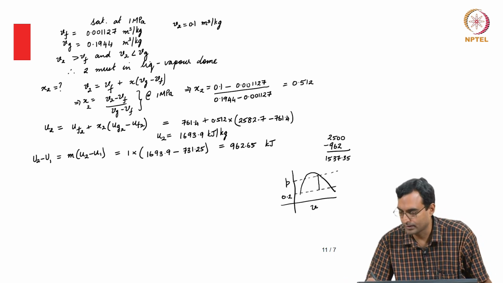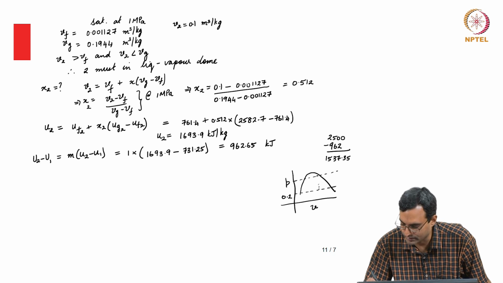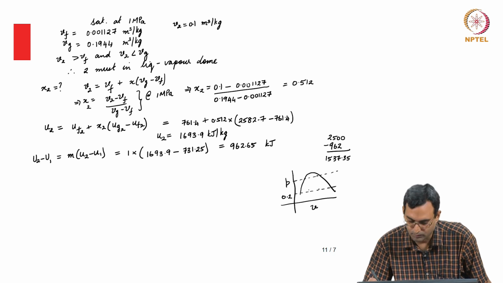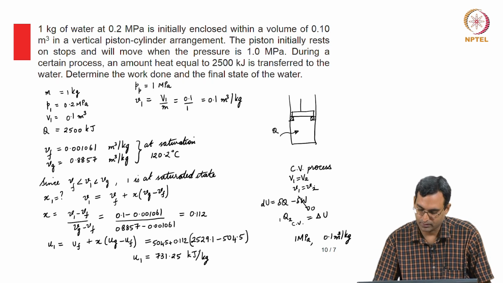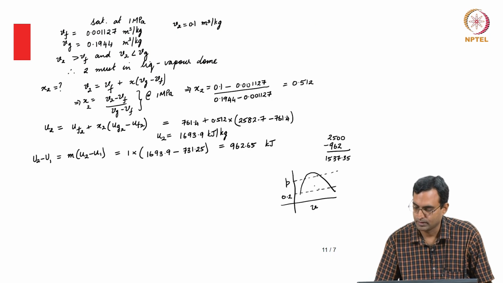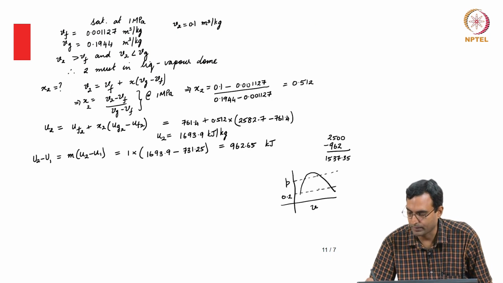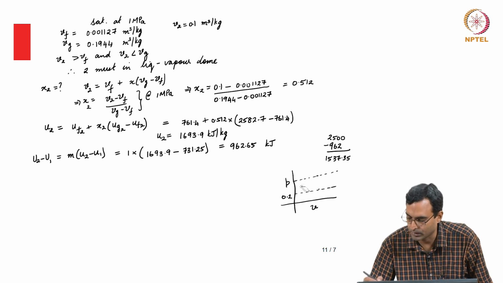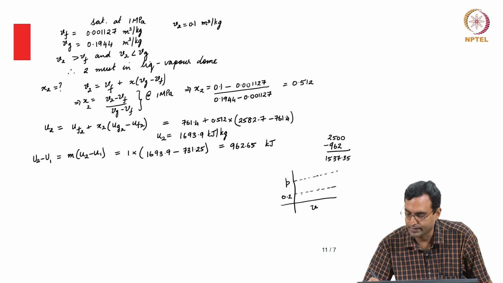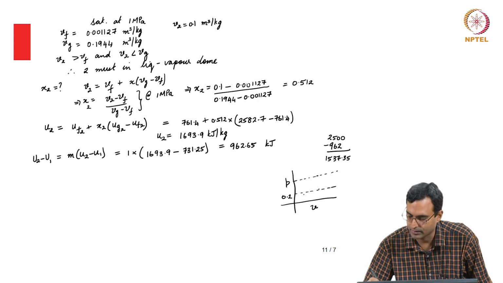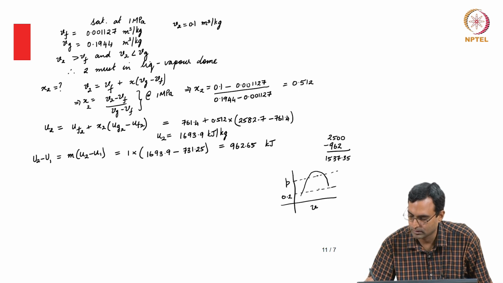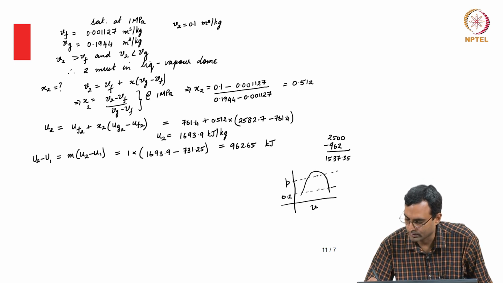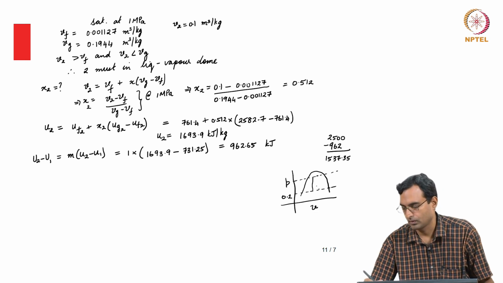And after this we are still not at saturation, we have some dryness fraction. So, let me draw that. So, we were initially at a dryness fraction of about 0.1, and we have, so clearly my shape of this dome is not very correct, but we were initially at a dryness fraction of about 0.1, and after heating we went to a dryness fraction of about 0.5.